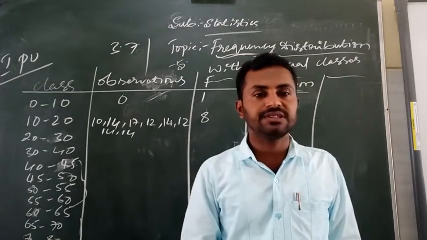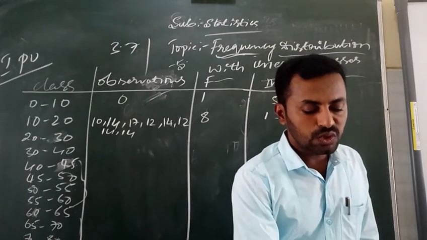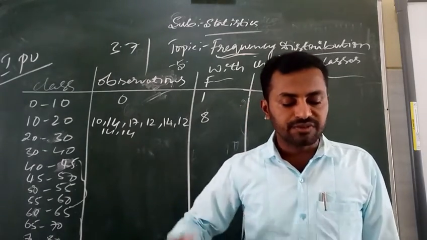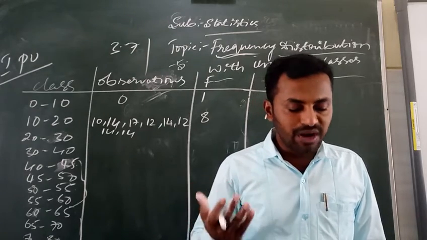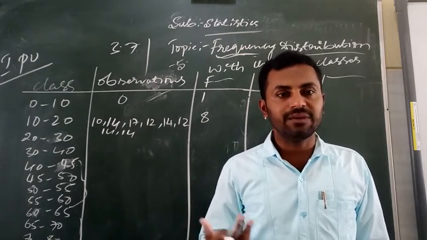Then the frequency curve. See, figure number 3.2 shows the frequency curve of the distribution in table 3.7. The class marks of the table.